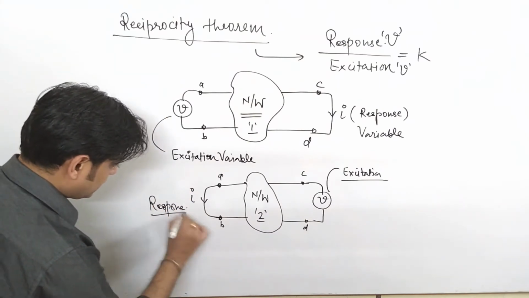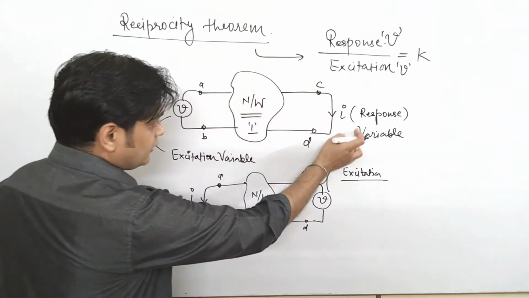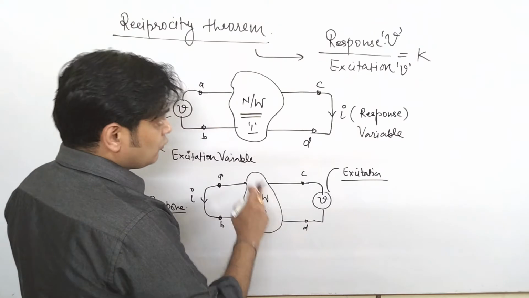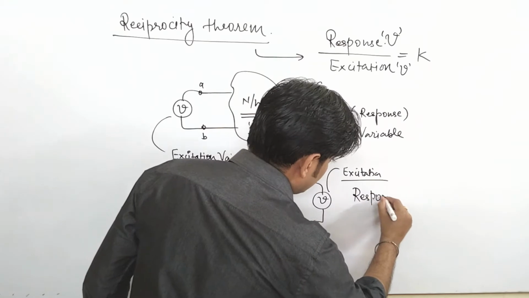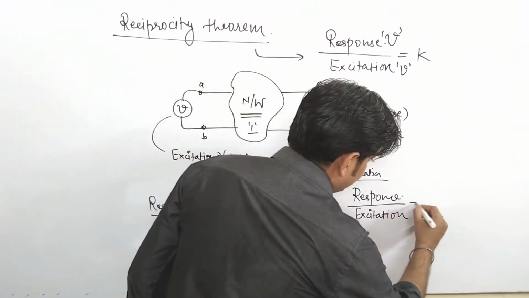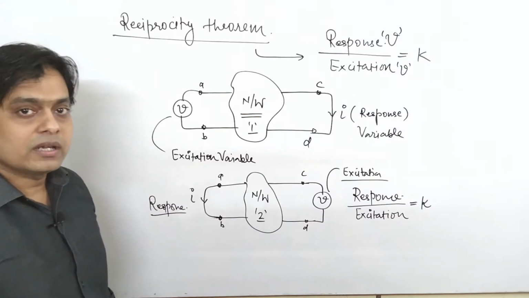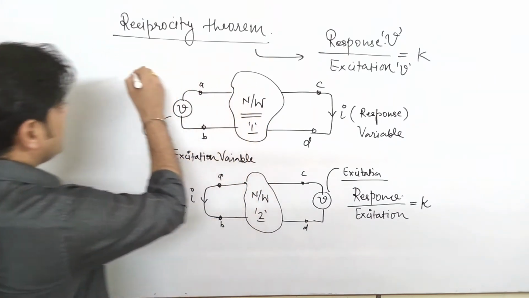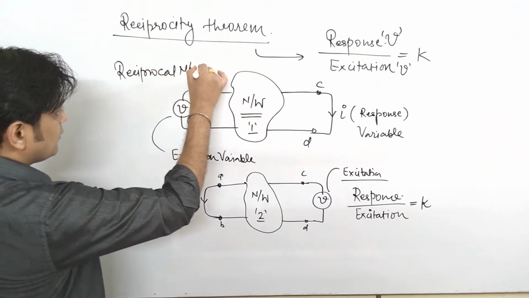These two networks remain the same network, however the position of excitation and response is changed. Now again you will find the ratio of response to excitation, and if it is found to be a constant K, that means you can say that these networks are known as reciprocal networks.